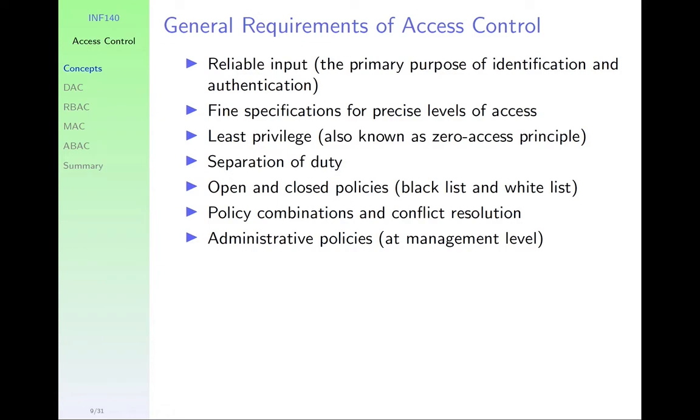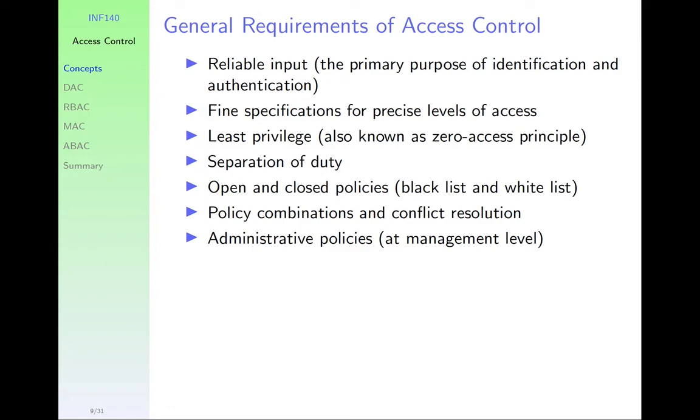Suppose your laptop username and password has been compromised, has been stolen, because the access control policy only relies on the authenticated users, the authenticated identity. It does not rely on this specific person. It relies on these credentials. If the credential is compromised, then all the subsequent access control measures won't take any effect.